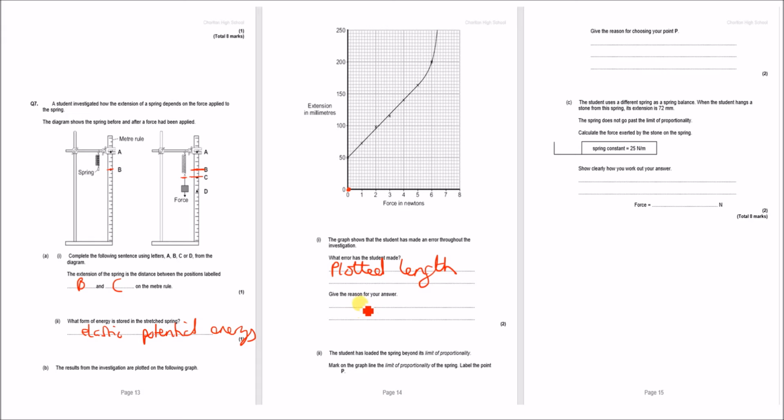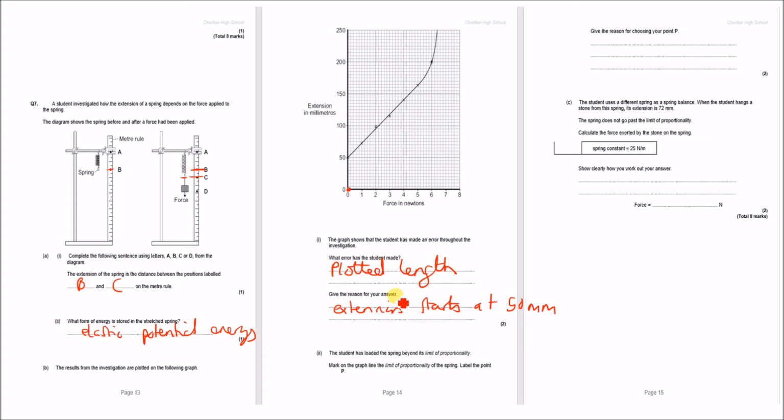The reason for this is the extension starts at 50 millimeters. If they had done it correctly, at 0 newtons the extension should always start at 0 millimeters. There should be no extension when there is no force on the spring.